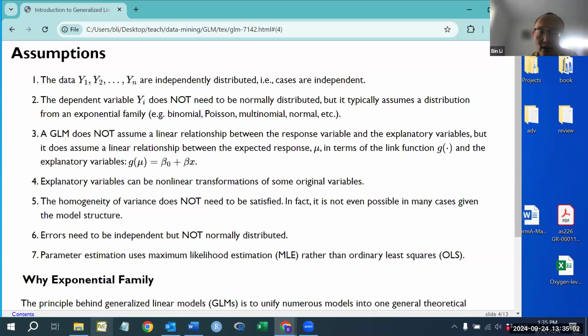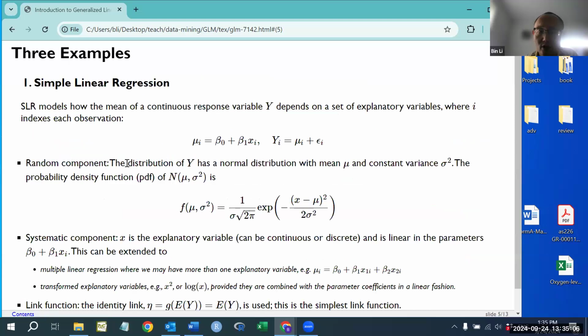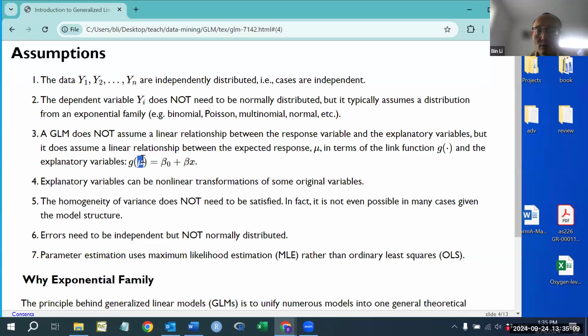So we can write g of mu, where mu is the expected value of y, can be expressed as a linear function of x. So that's what GLM assumes. And the explanatory variable can be a nonlinear transformation of some of the original variables.